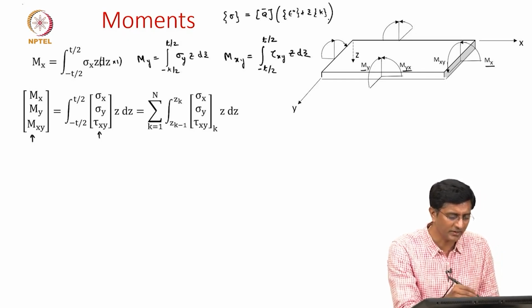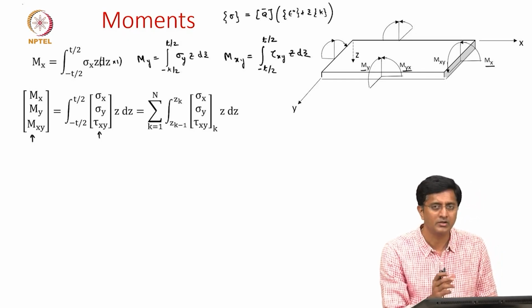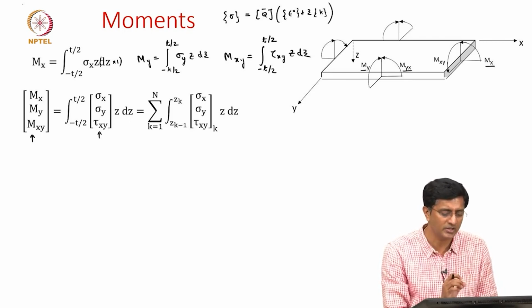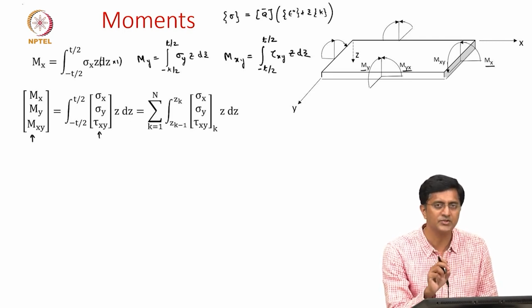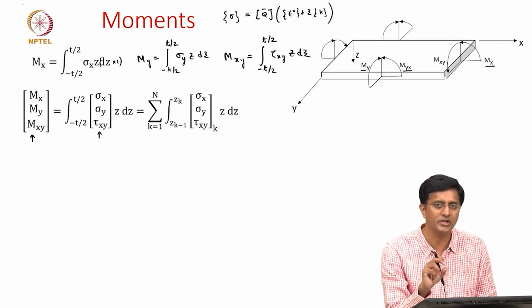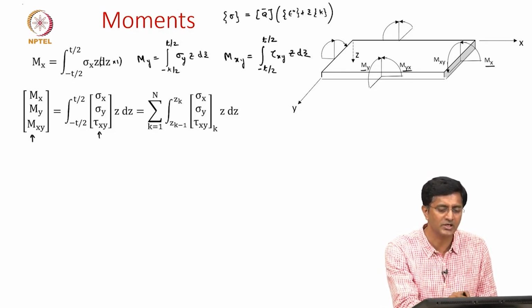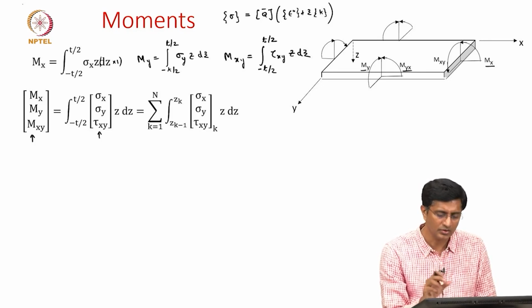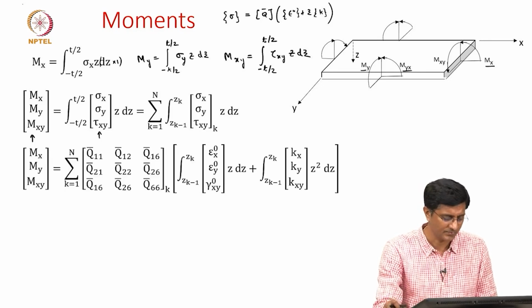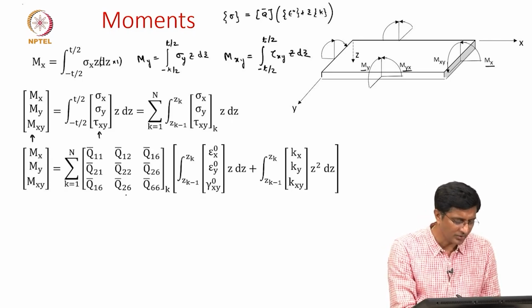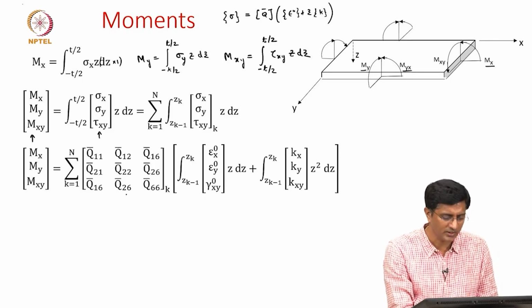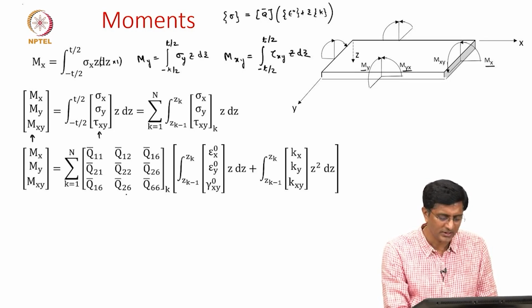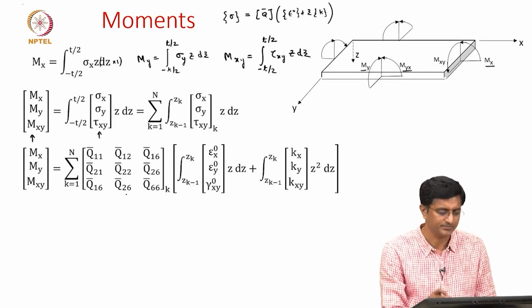So once I plug in here, and make the same observations we made in the previous slide, saying that the stiffness matrix is constant within a layer but changes for each layer, whereas these mid-surface strains and curvatures are not a function of z. So then we can make some simplifications. We get this Q matrix out of the integrals, and these integrals will be only for the z dz and z squared dz.